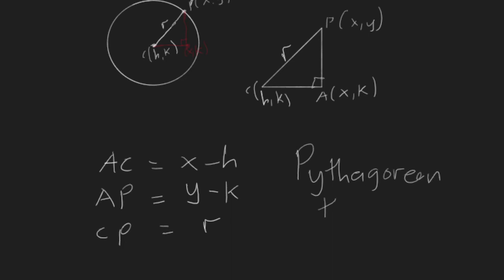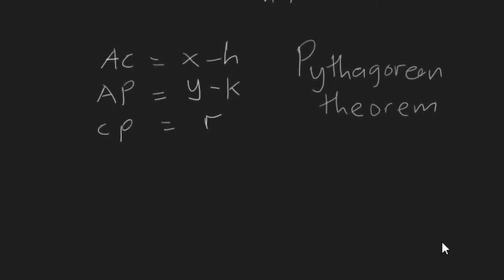We know what Pythagoras theorem says: a squared plus b squared is equal to c squared. C is the hypotenuse, and A and B will be any of the sides of the right triangle.